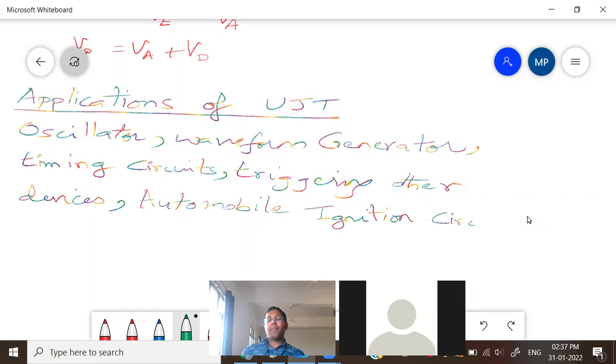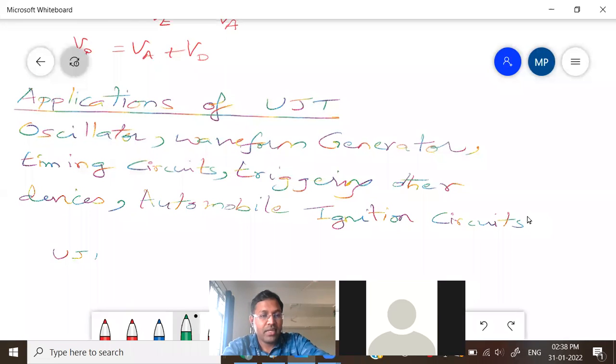How does your vehicle turn on? A small spark is generated, because of which your bike or car turns on. For such applications, you can use UJT.